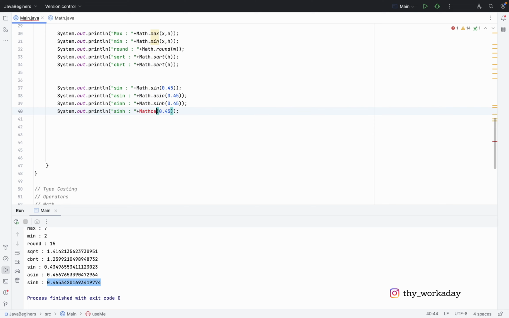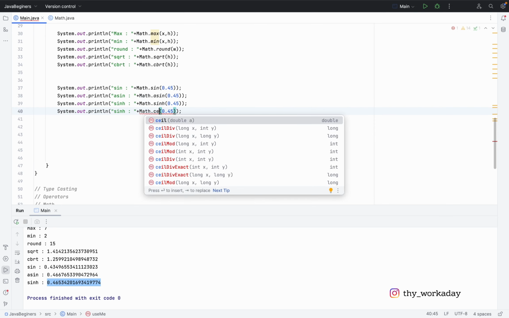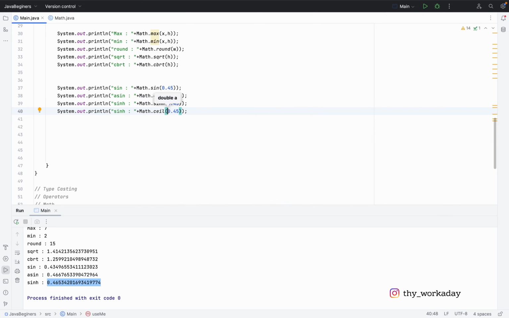Then we have another function called ceil. Ceil is a class. It will give you the highest closest point, which means the highest closest round off to this class. Let's check how it closest round off to this class.